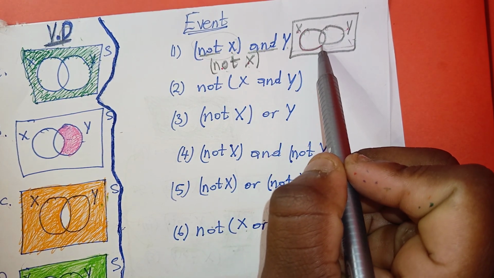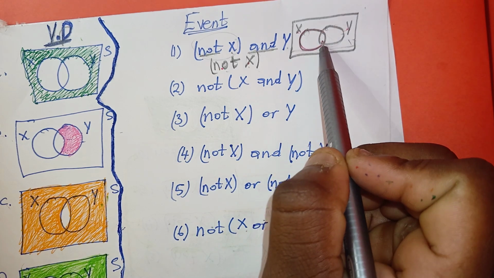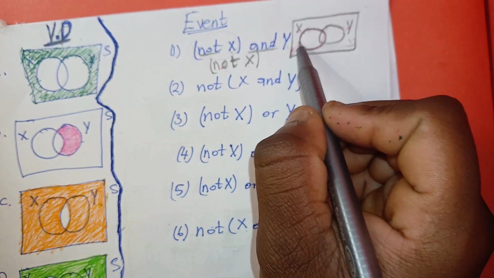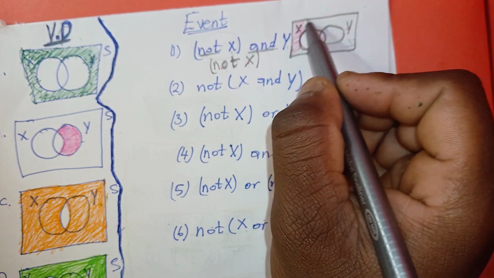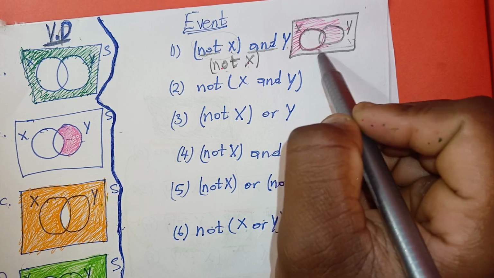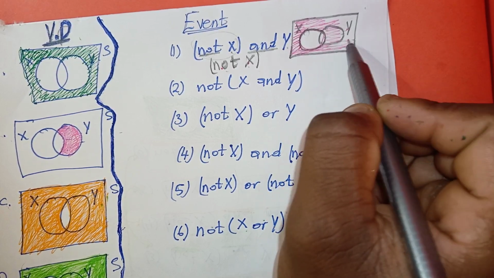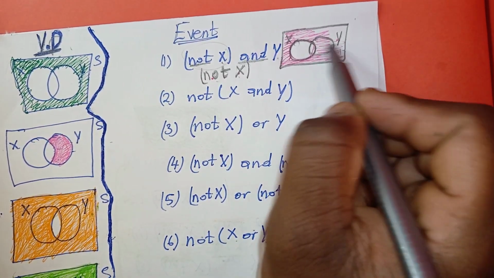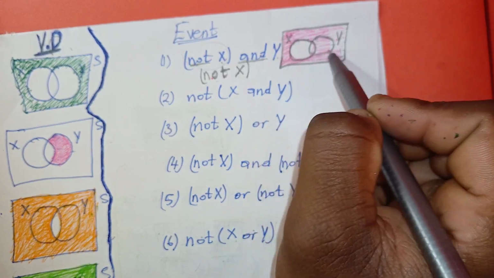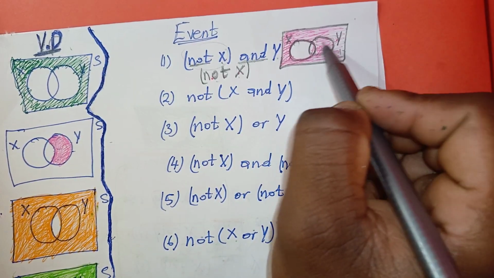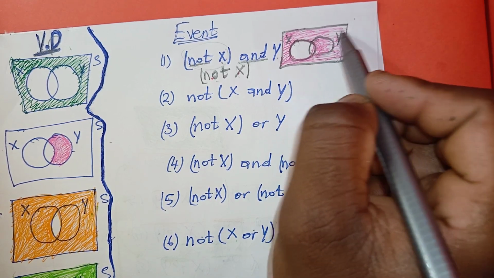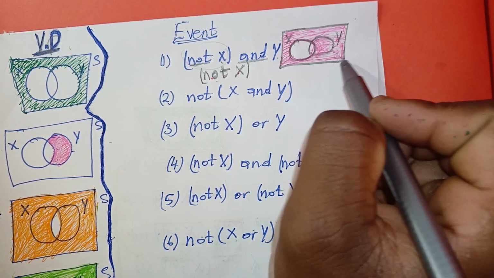It's my X. And when I say not X, I'm referring to everything outside of X. Here I didn't take even the intersection, because I'm referring to outside from X.